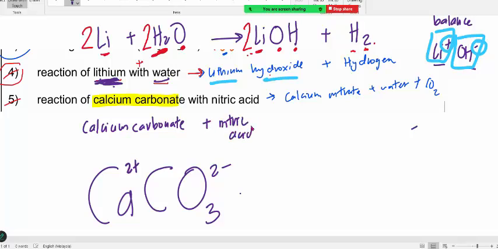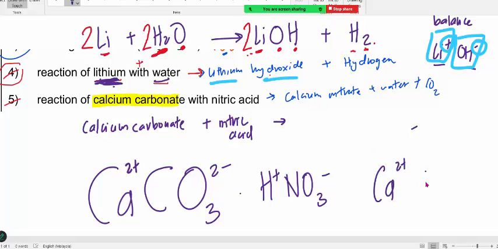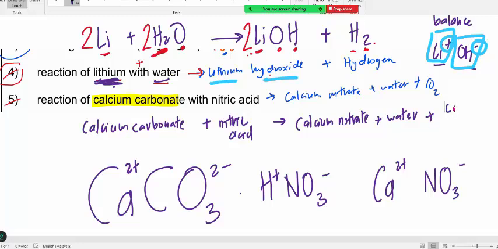Nitric acid is hydrogen ion with nitrate. Calcium nitrate is calcium ion with nitrate. Plus water plus carbon dioxide, that's the product. So you change this into a chemical equation. Ian, do you understand what you need to do?